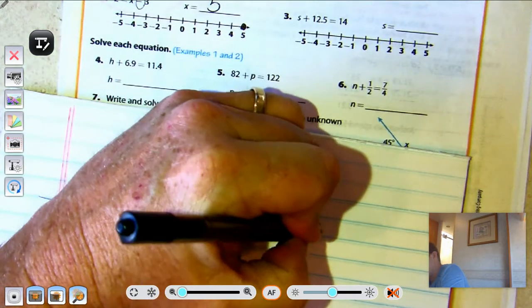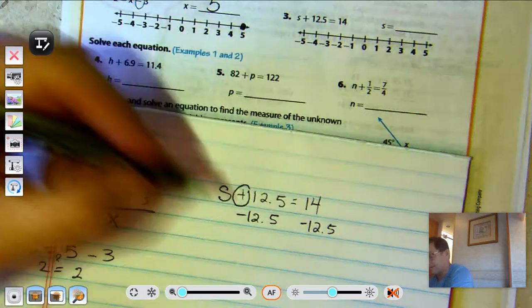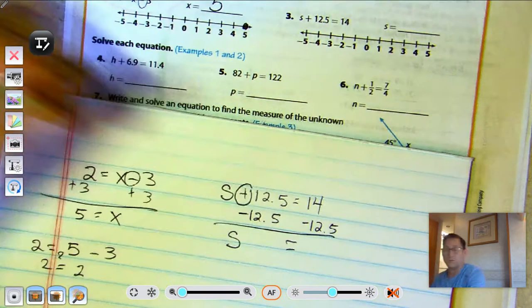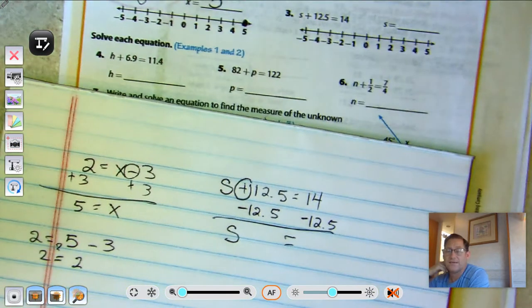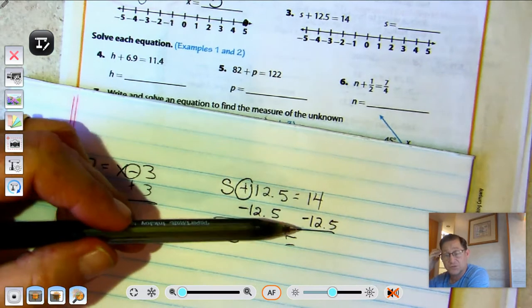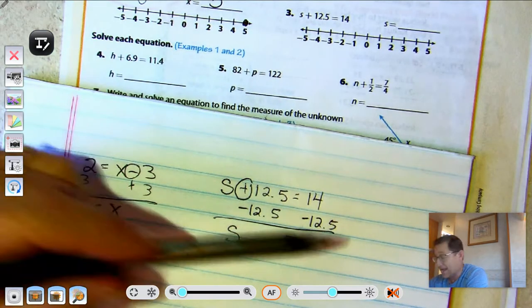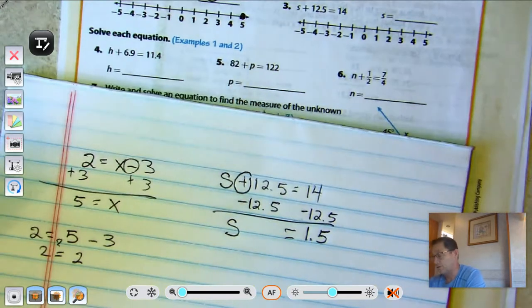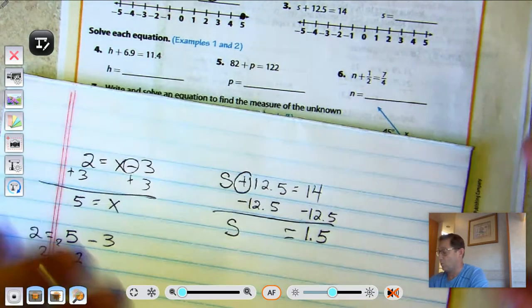But I have to do the same thing to the other side. So that's going to leave me S equals. Well, what's 14 take away 12 and a half? Well, I know 14 take away 12 is 2, and 2 take away a half is 1 and a half. So we're saying that S is 1 and a half.